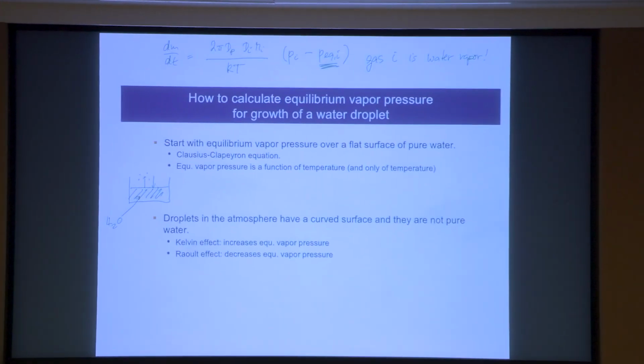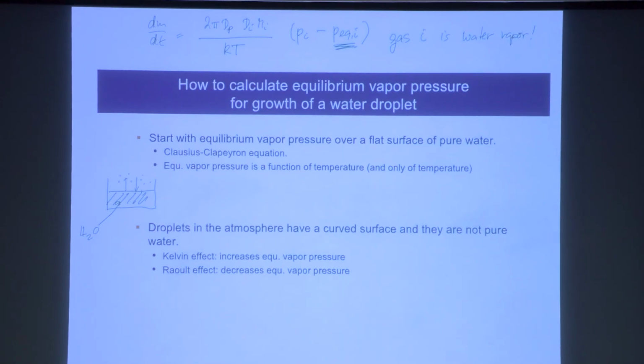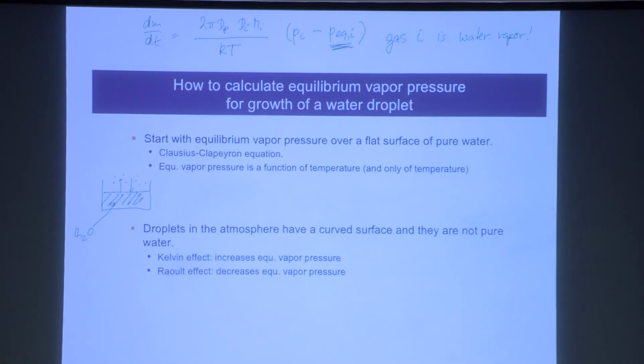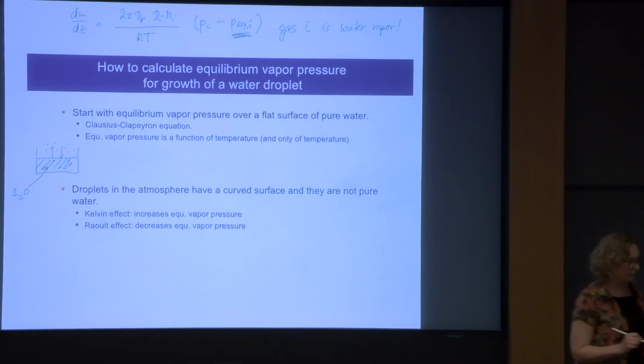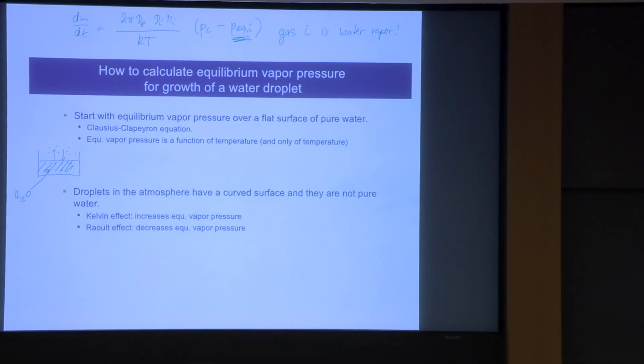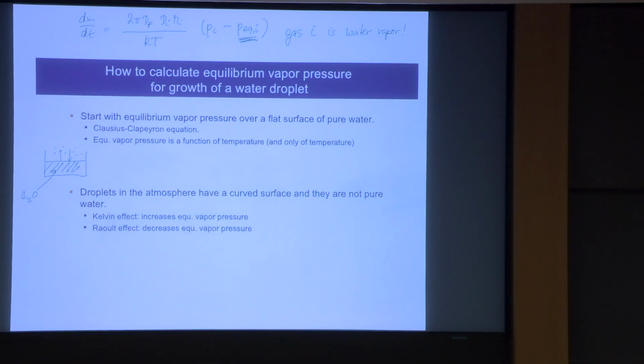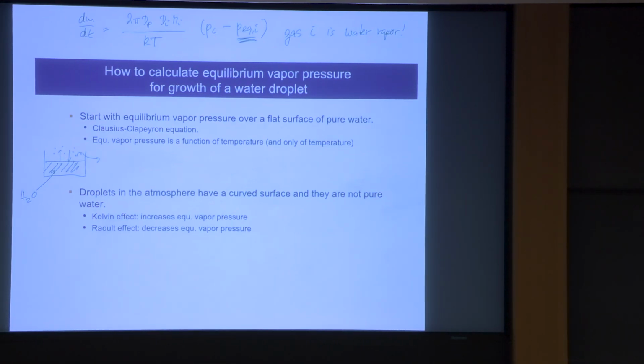Eventually there will be an equilibrium of the flux going out and the flux coming back of water vapor, or water molecules. And when that equilibrium is established, that pressure would be the equilibrium vapor pressure, right?